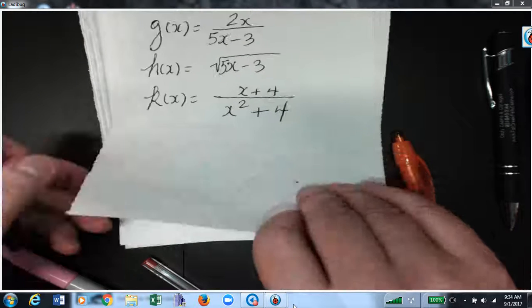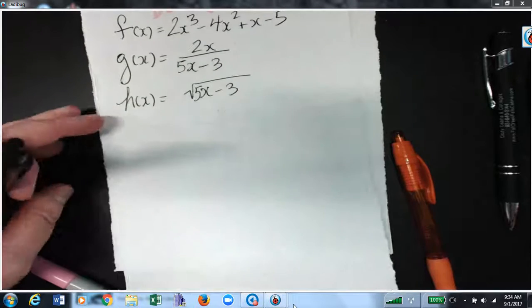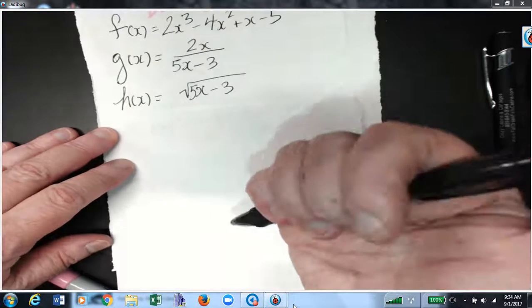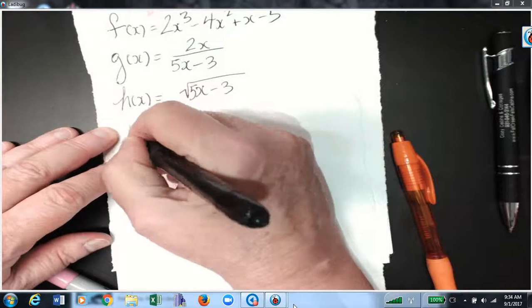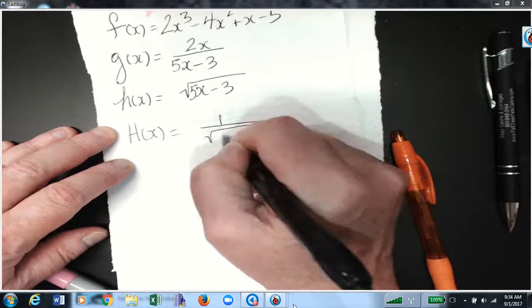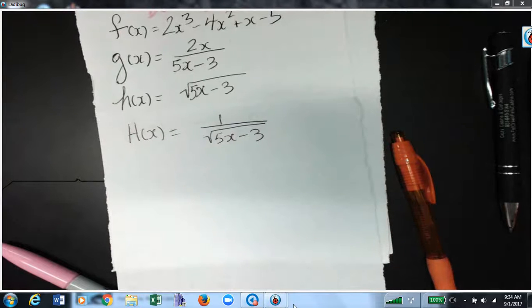let me put another one in here. So before we look at this guy, let me just do another one in here. So why don't I call this one capital H? What's the domain for that one?